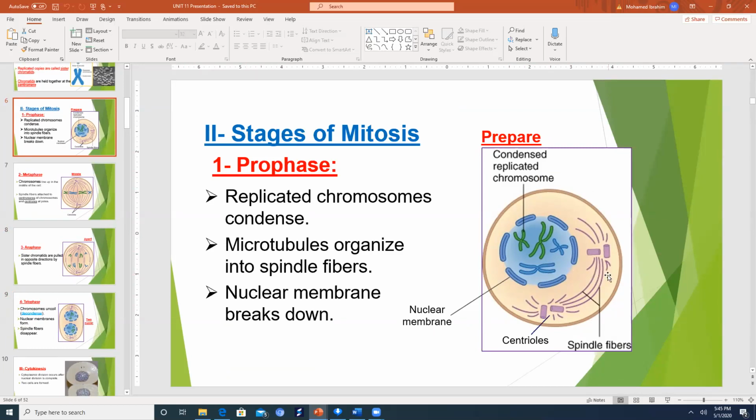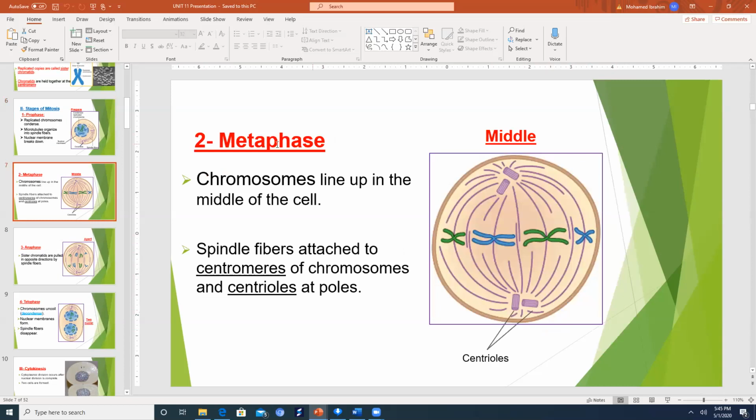Spindle fibers are going to form. Those are very important for mechanical separation of sister chromatids. Those are made of microtubules. So you can expect that the microtubules are going to assemble to make spindle fibers like that. All this during prophase.